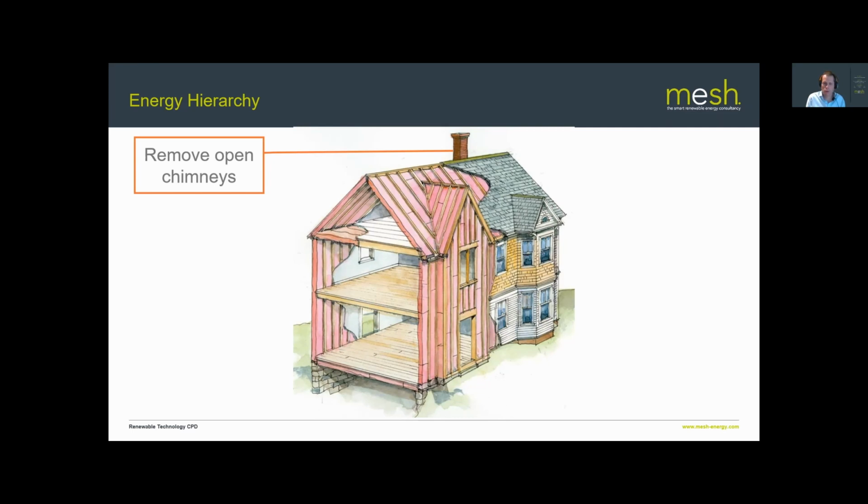Well, one very quick answer might be put a wood burning stove in, especially one which is room sealed, so that the air is brought in directly from the outside into the stove, through the stove and back out up through the chimney. That instantly reduces the ventilation losses from that open chimney.